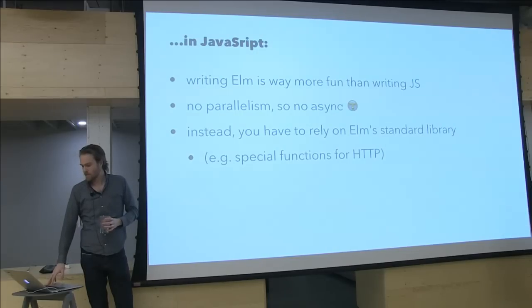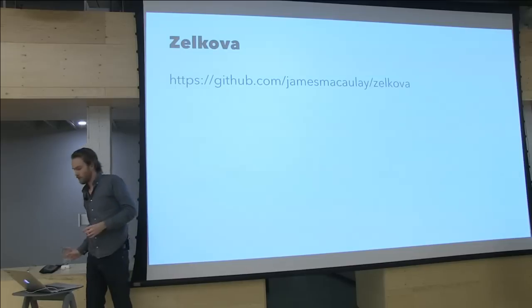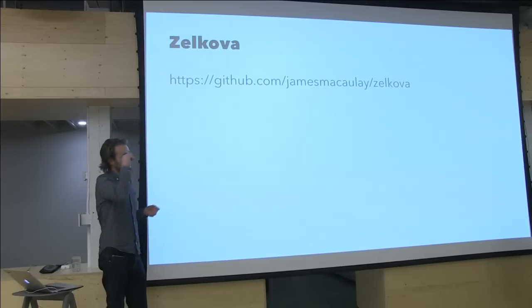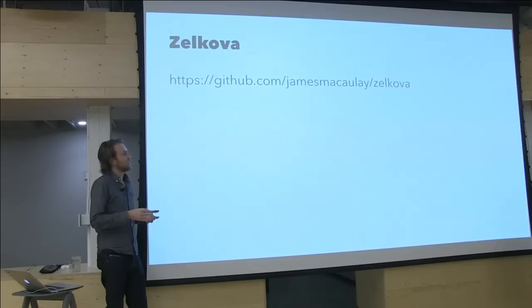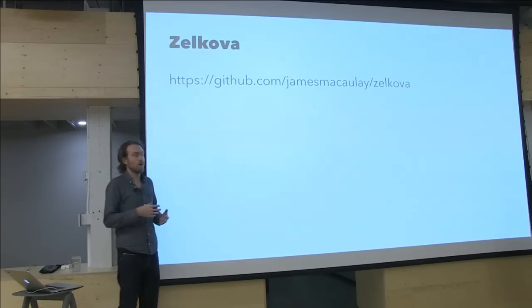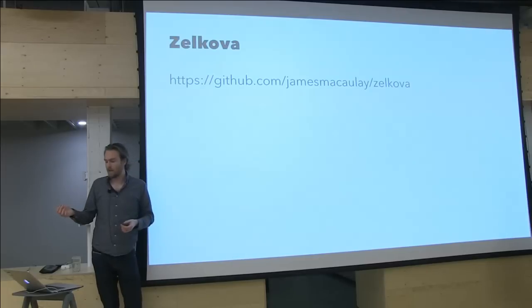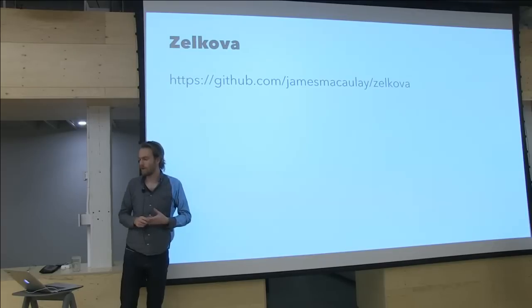Okay, so now I'm going to talk a little bit about a library that I made. Basically, I am interested in Clojure. I've been writing Clojure as a hobby for a while. And then I got interested in Elm and thought FRP was really cool, so I wanted to do an FRP library.